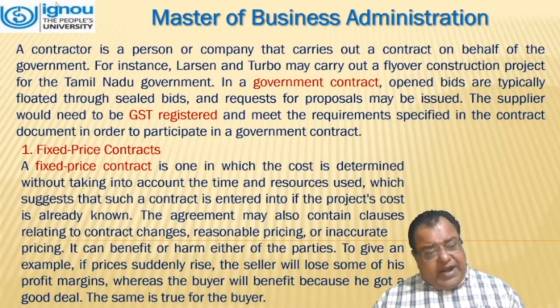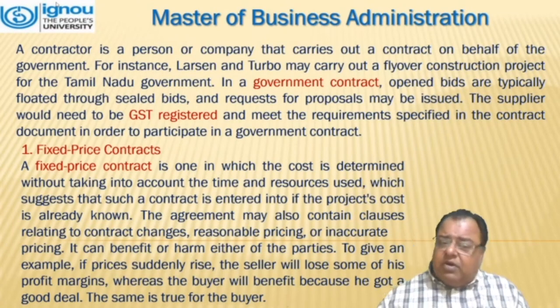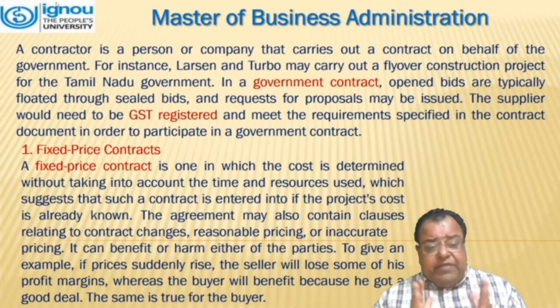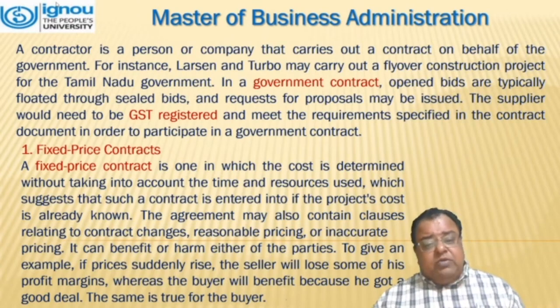Fixed price contracts. A fixed price contract is one in which the cost is determined without taking into account the time and resources used, which suggests that such a contract is entered into if the project's cost is already known. The agreement may also contain clauses relating to contract changes, reasonable pricing, or inaccurate pricing.